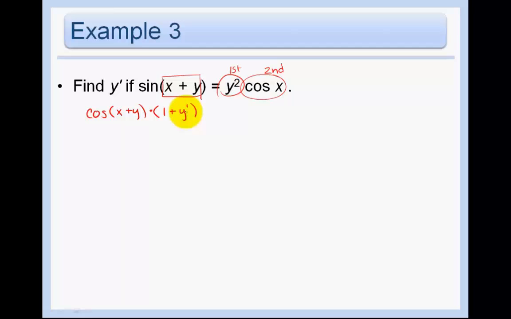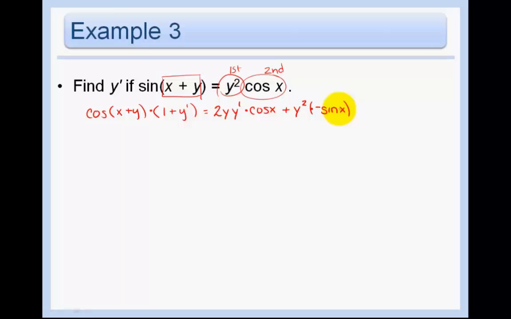Now let's take the derivative of the right-hand side. We already identified that it's a product rule. The derivative of the first is 2y y prime, times the second, plus the first, times the derivative of the second. Remember, the derivative of cosine is a bad sign. And so we need to solve for y prime, so we are not done, unfortunately.